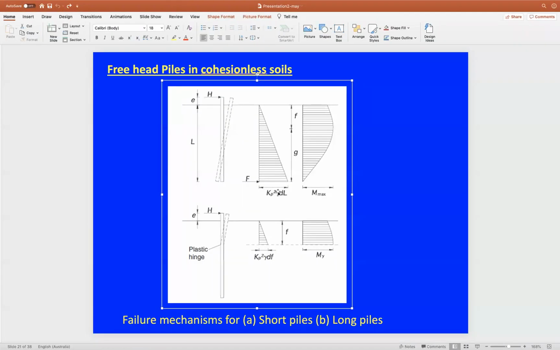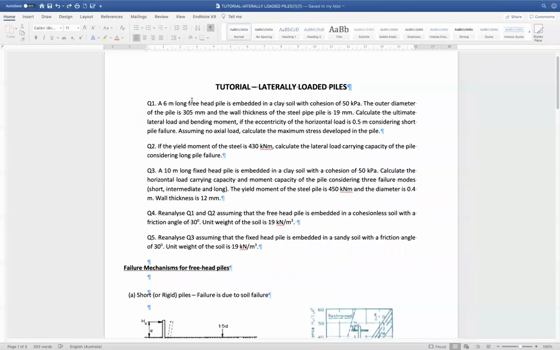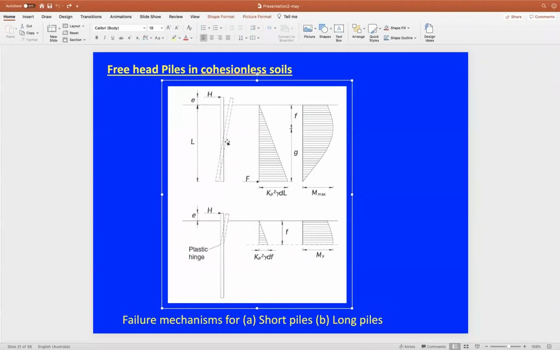So this value is given, so we can find this term here. Gamma is given as 19 kilonewton per cubic meter, D is given as 0.305 and L as 6 meters. And e is 0.5, as we remember from these questions, the eccentricity on the system. So all the values are given.